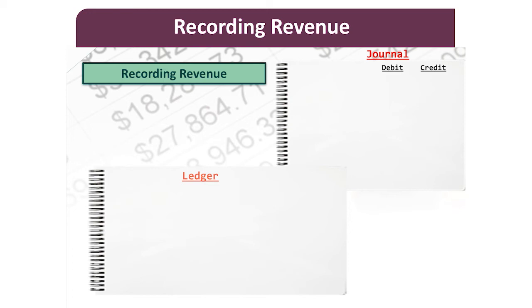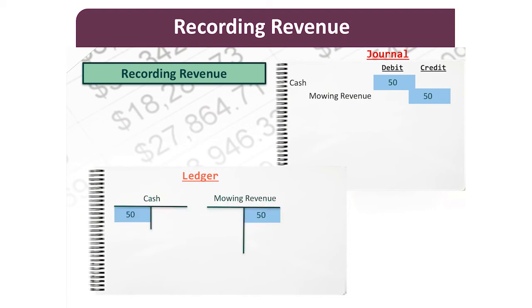The accounting journal entry is a debit to the asset cash. You increase cash as you got paid, and a credit to the revenue account, lawn mowing revenue. When you post the transaction to the ledger, debits will equal credits.